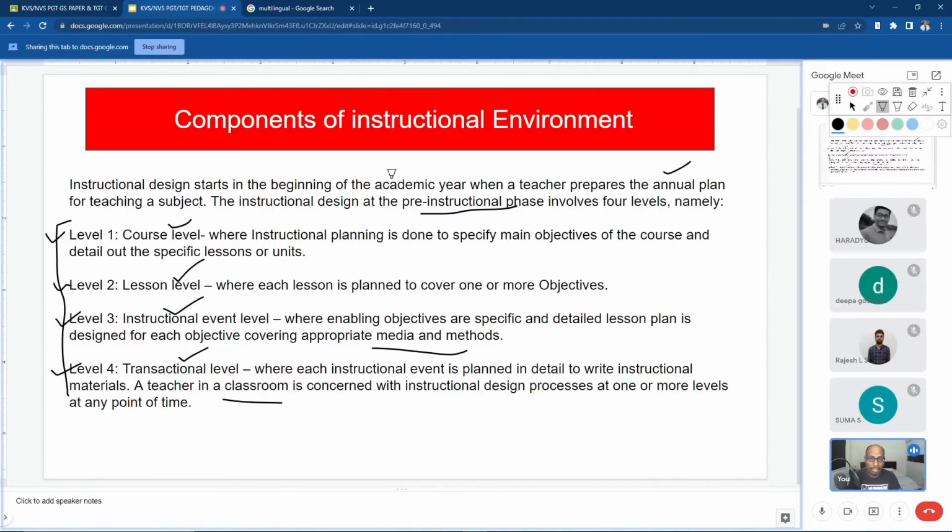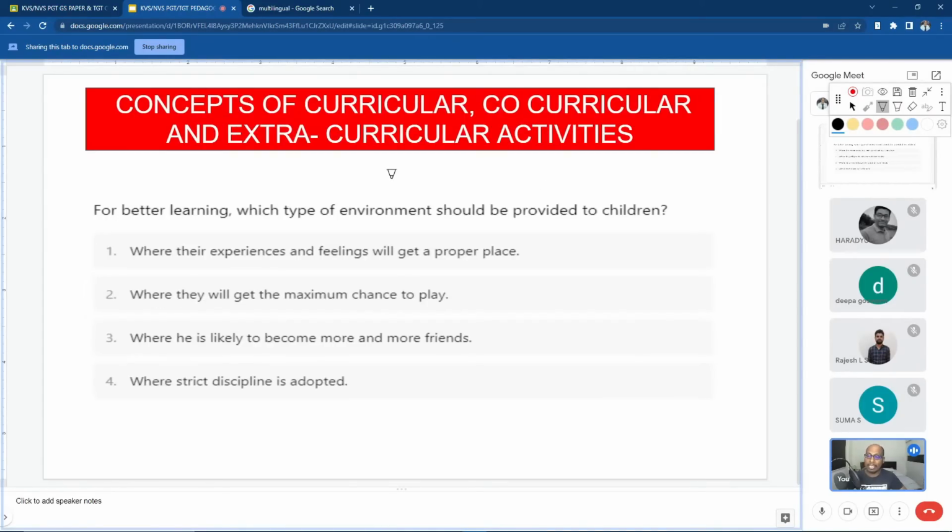Before we enter the classroom, we have to complete all these things. It has 4 levels: course level, lesson level, instructional event level, and transactional level. This is the first sub unit under factors affecting learning and their implication. That means if you don't design the classroom instructions properly, that will affect the learning environment.